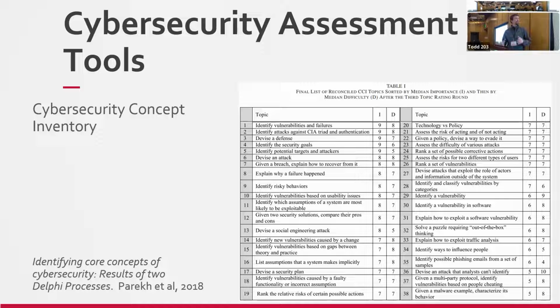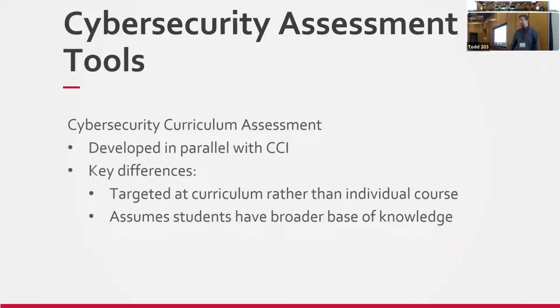They're a little bit broad, but these are things that this group and the experts they talked with would expect a student who's passed an introductory course in cybersecurity to be able to have some handle on. Maybe not be experts on them, but be able to answer some of these questions like we saw on the last slide.